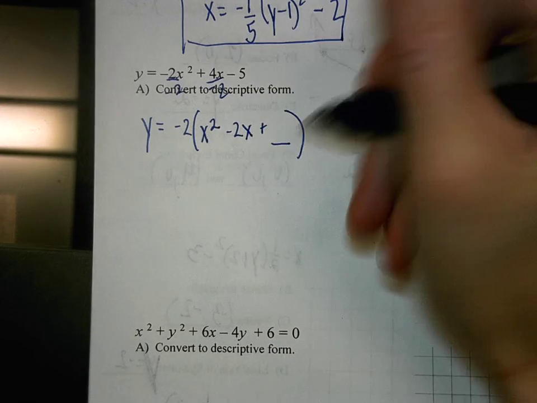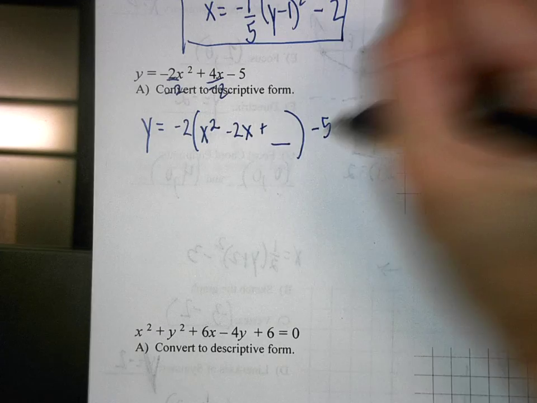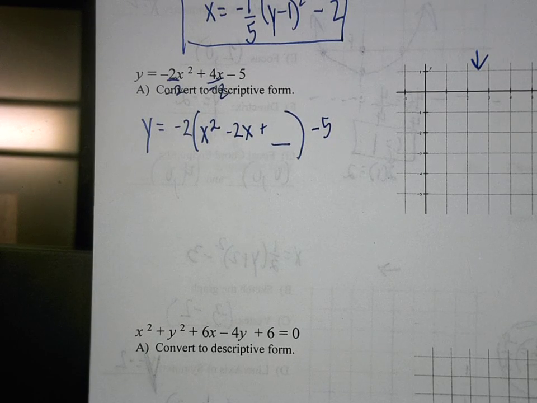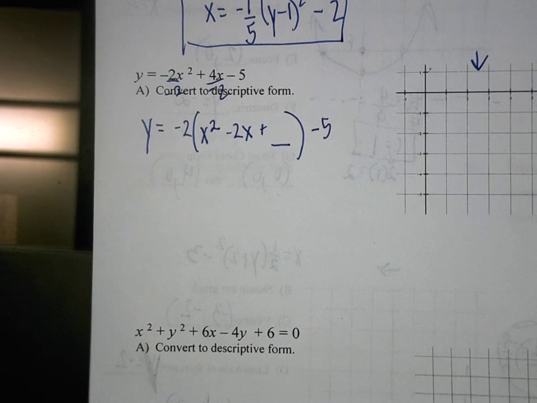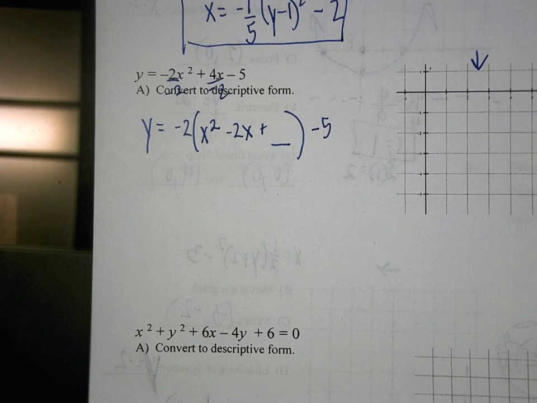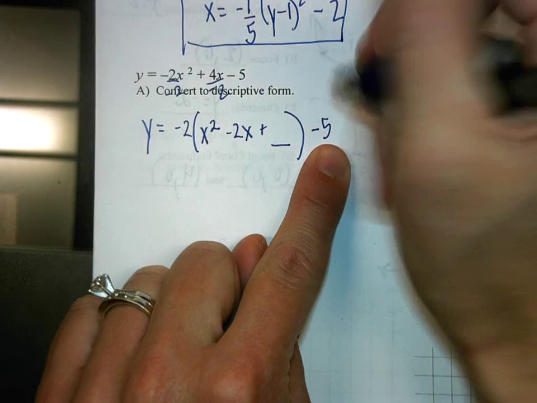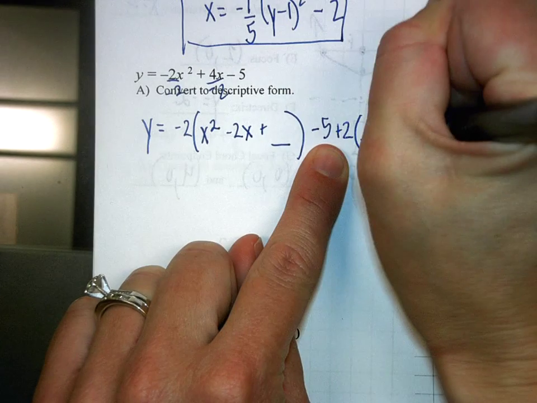And then we get -5 at the end. And who thinks they know what goes on the right side there? +2 and what? +2 times the blank. So remember that right here, this is -2 times the blank. So then we are going to need a +2 times the blank.